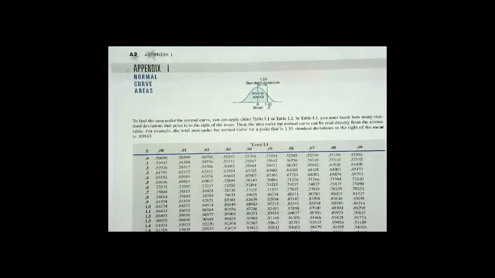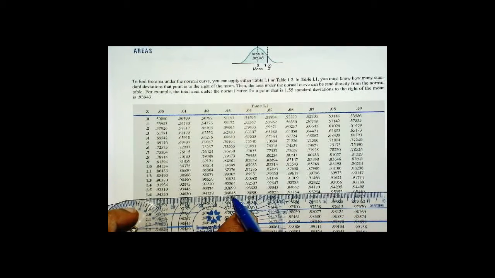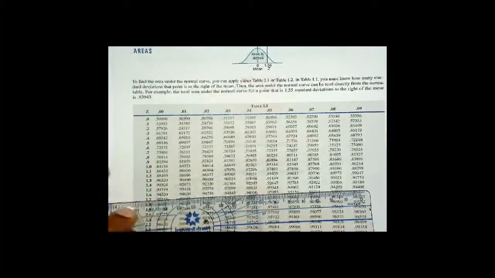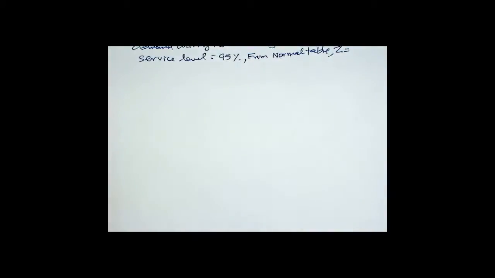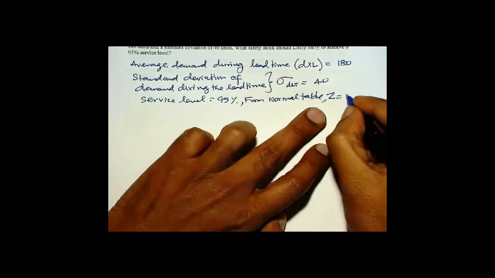So if you go to 95%, right here, you see that 95% is right in between these two, 1.645. Okay, Z is 1.645.